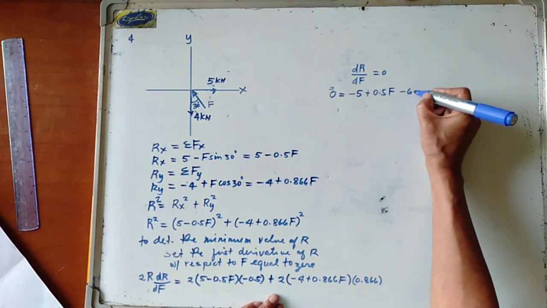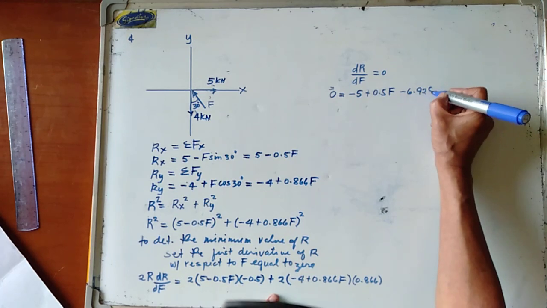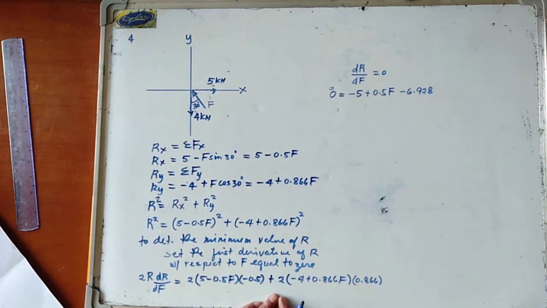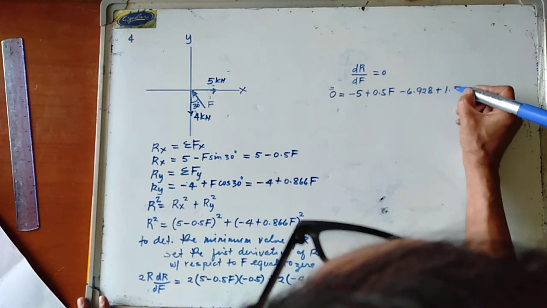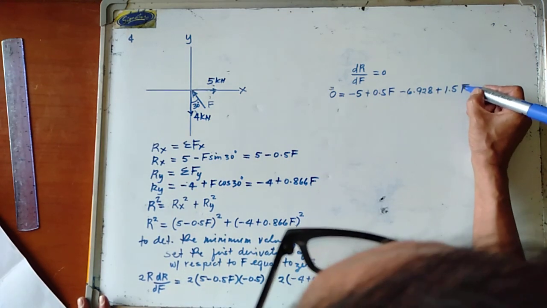And 2 times 0.866 times 0.866 gives plus 1.5 F.